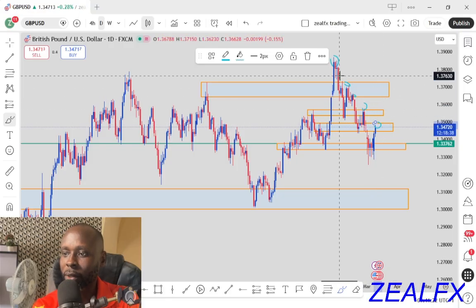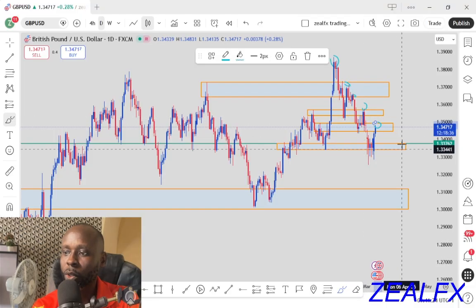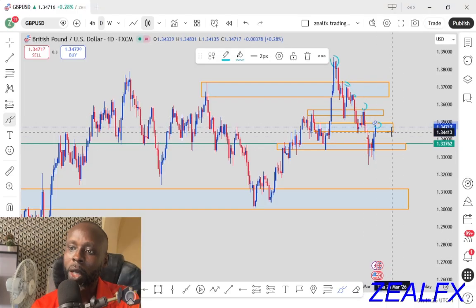So long as we have this series of lower highs, it shows that the GBP/USD is still in a downtrend. Having a series of inner structure lower highs is a sign of a downtrend structure. So long as we have this downtrend structure, our job is to look for selling positions on the GBP/USD.